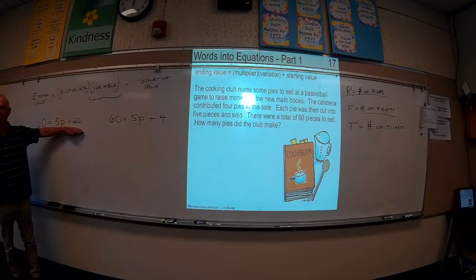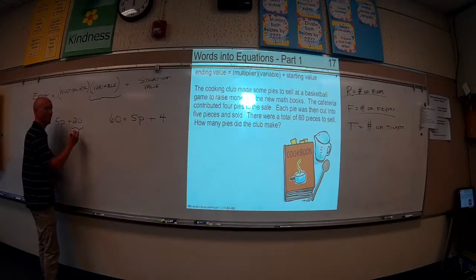More specifically, the number of pieces in 4 pies. The number of pieces of the 4 pies that contributed. More specifically, the number of pies the club made? No. More specifically, the number of pieces to sell. More specifically, the number of pieces from the cafeteria. Oh, these are the 20 pieces from the cafeteria. Way to go.